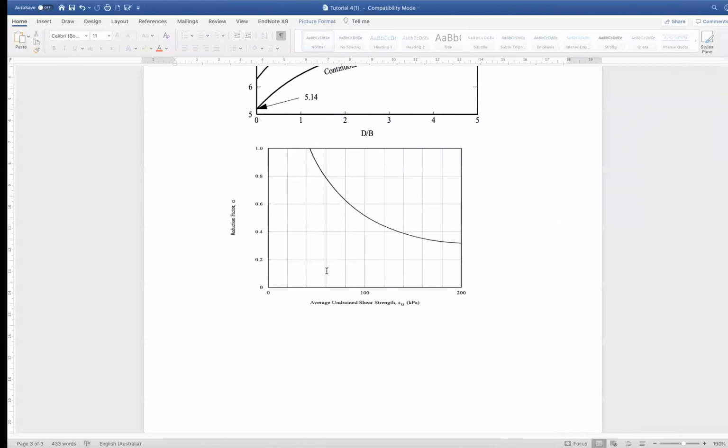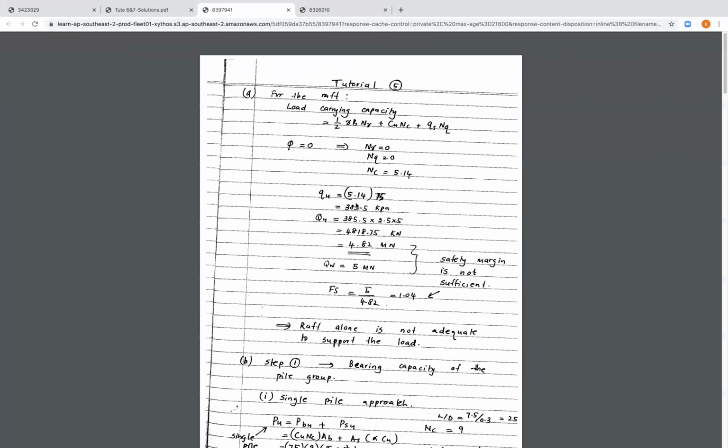So we multiply the ultimate bearing capacity we obtained from the previous step, from the Meyerhof equation, by the available cross-section area of the raft. And that will give us approximately 4.82 meganewton here. So this is the available load carrying bearing capacity.